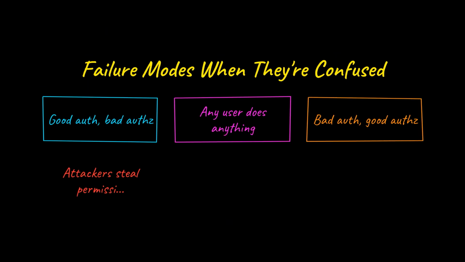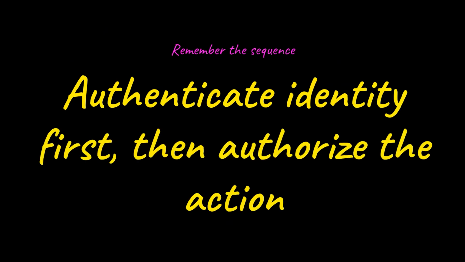Weak authentication with strong authorization lets attackers impersonate users and inherit their permissions. Each failure requires a different fix. They cannot substitute for each other. Whenever an exam scenario distinguishes between proving who a user is and deciding what that user can do, the authentication and authorization pair is being tested. They are always sequential, always separate, and each one can fail independently.